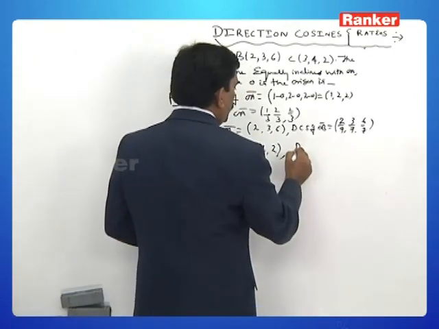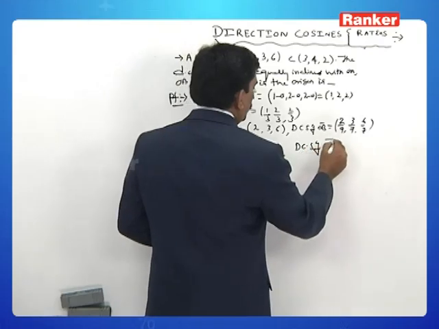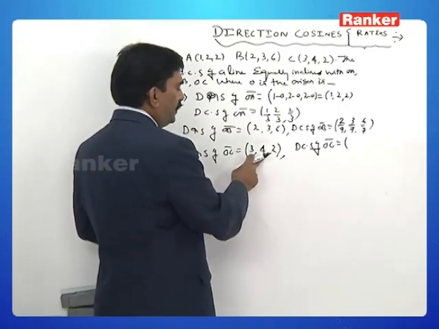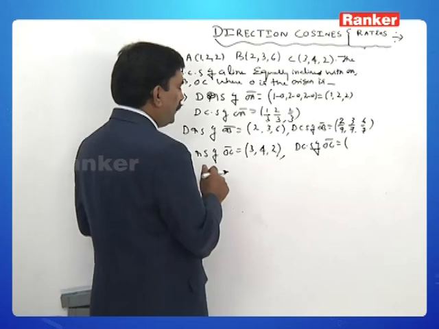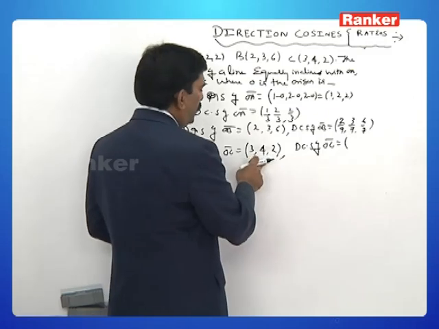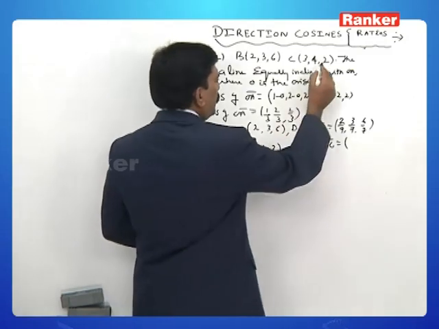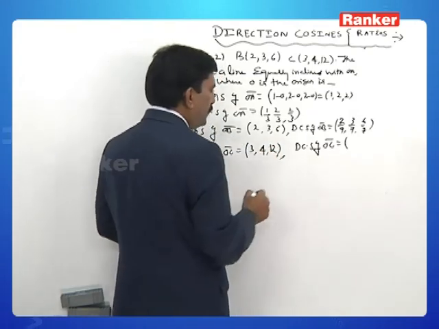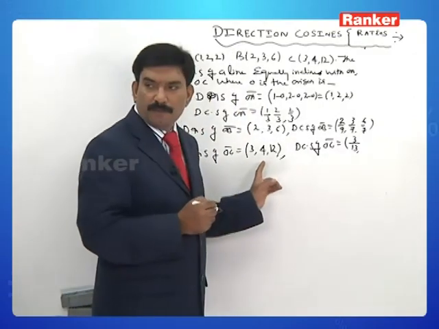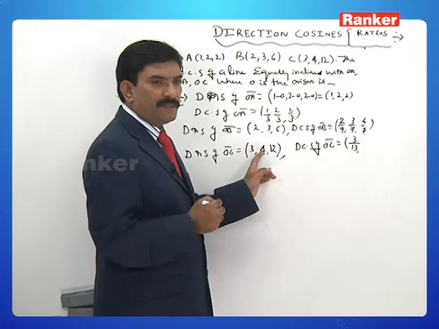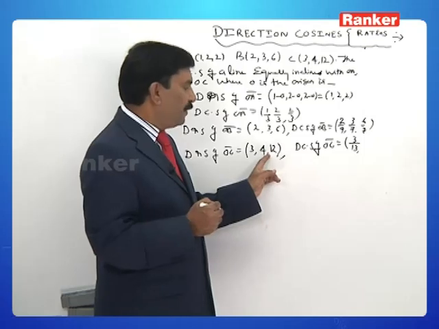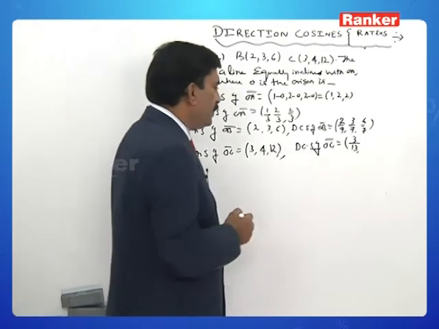So therefore the DCs of OC bar: the length is the square root of 9 plus 16, 25, plus 144, that is 169. 169 means 13.